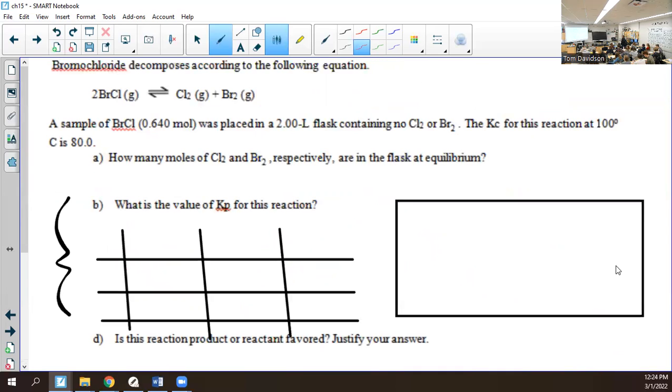Okay. This one's from the test, so why don't you try this one now? Oh, it asks for moles. How dare I?